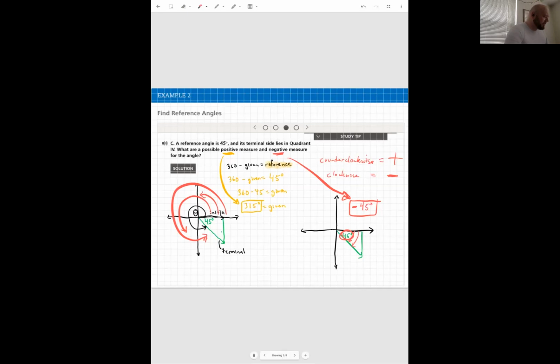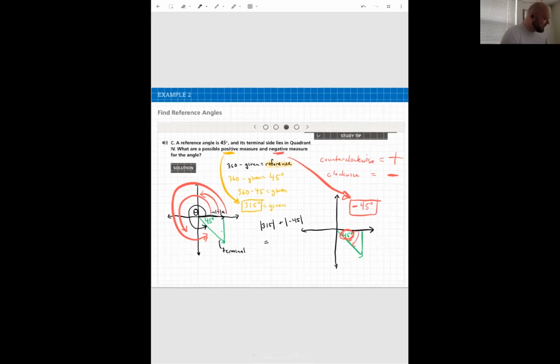Our positive angle was 315. What do you notice about the positive angle and the negative angle? So let's look and see. If I took the absolute value of 315 and added the absolute value of the negative, the clockwise and the counterclockwise direction, what do we get?